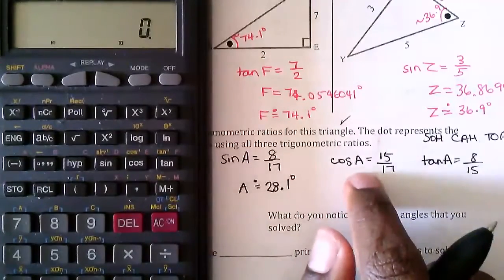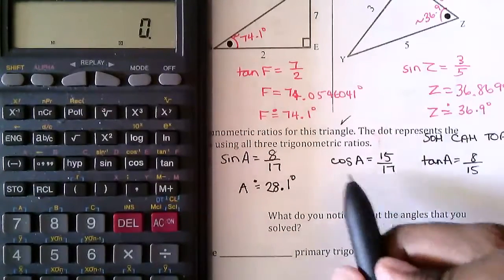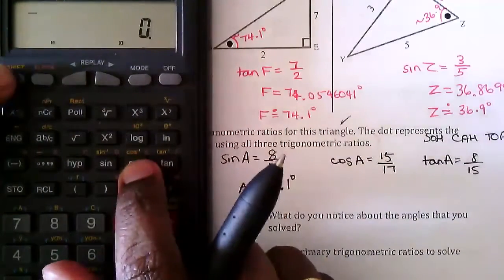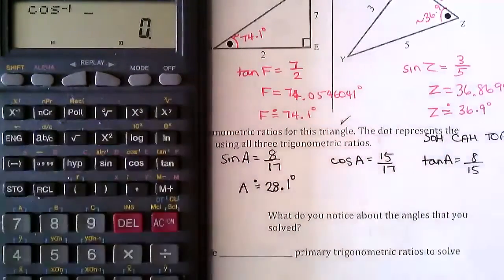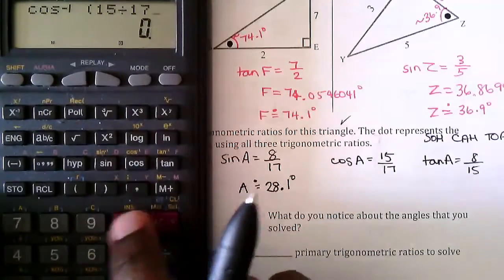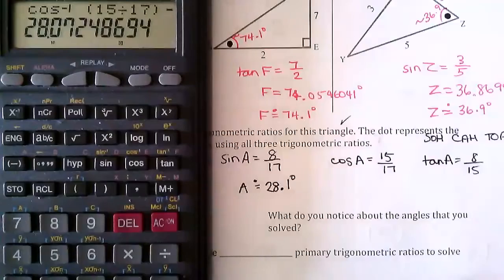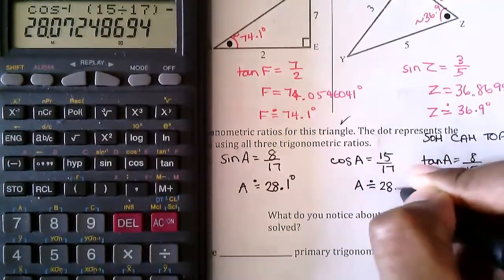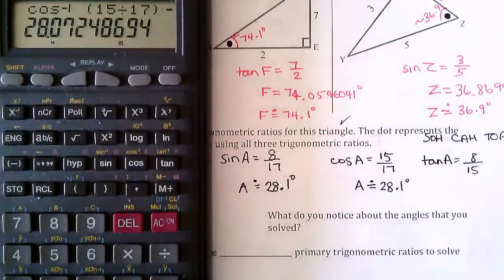Let me do the same thing with cosine A, 15 over 17. Because I'm dealing with cosine, the inverse cosine will be obtained by pressing shift and cosine. And then I'm going to type out the trig ratio in brackets. So that also gives me 28.1 degrees.